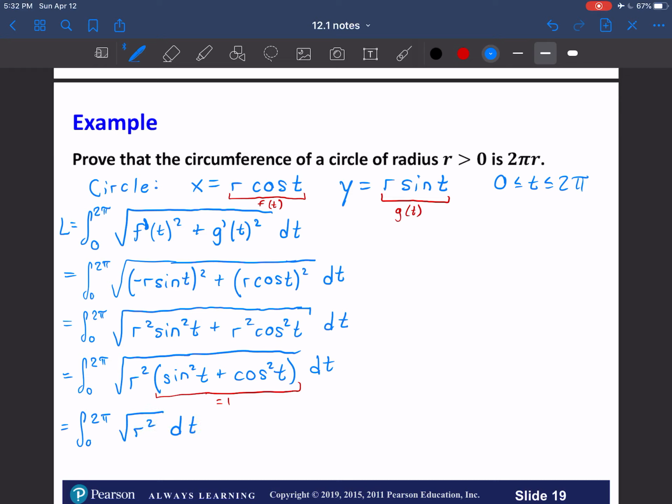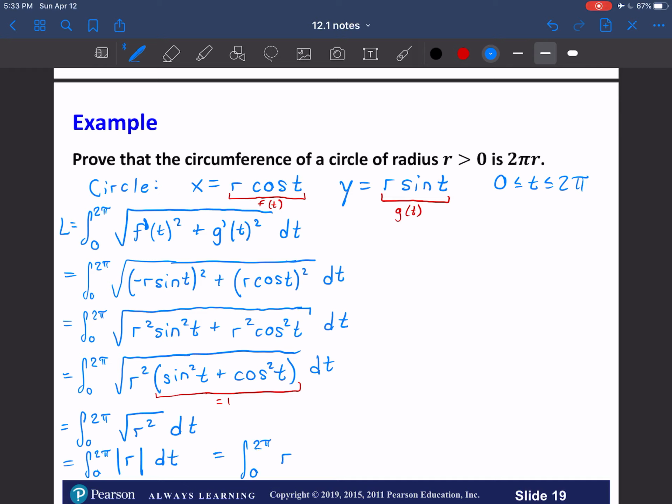All right, so what is the square root of r squared? Think about it. If you said r, you are wrong in general. This is technically the absolute value of r. In this particular example, we may also write that this is equal to the integral from 0 to 2 pi of just r.